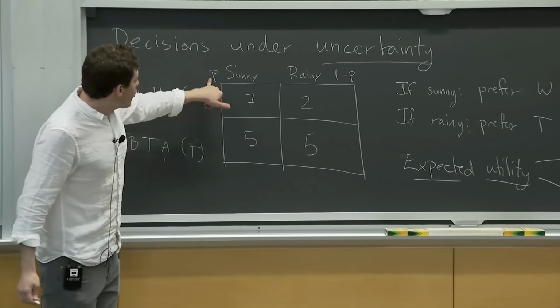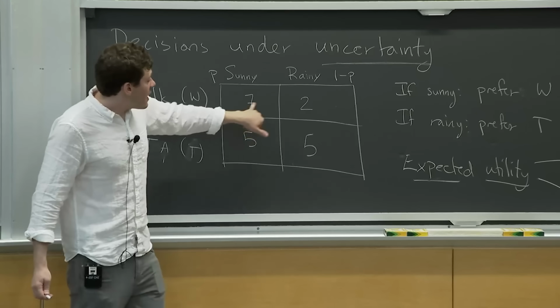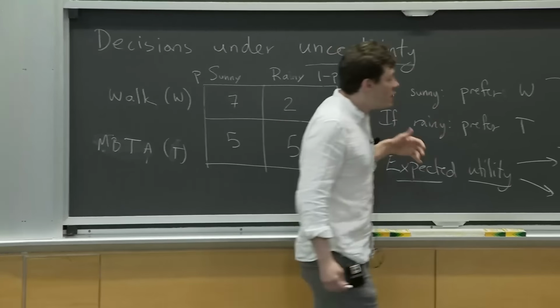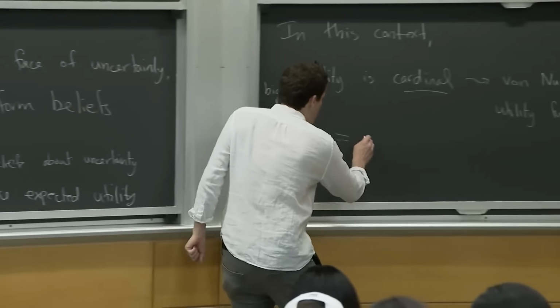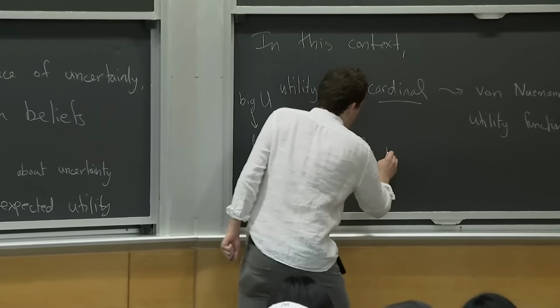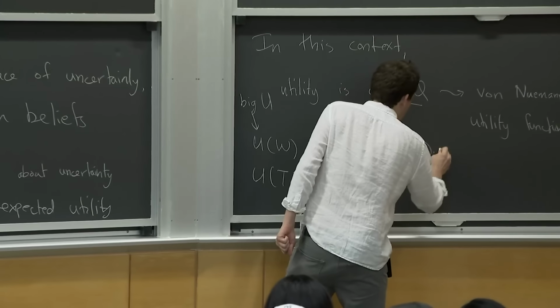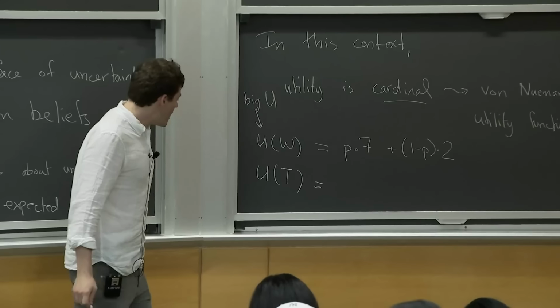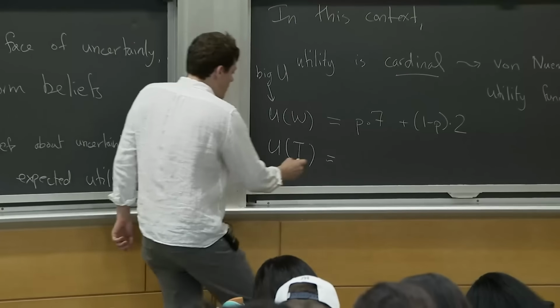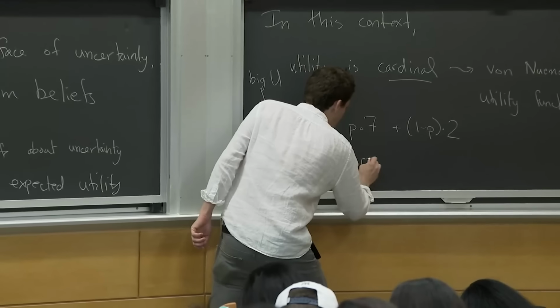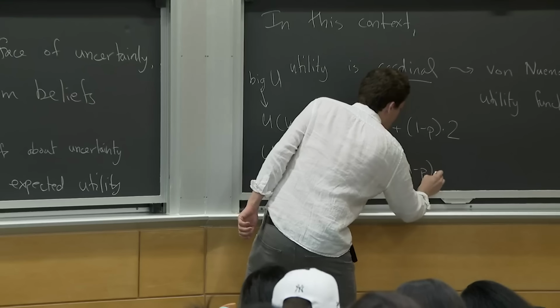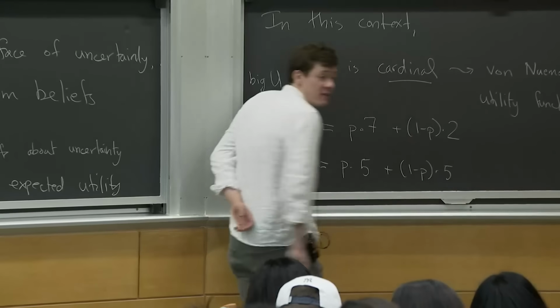So if I walk, well, with probability p, I get 7. And with probability 1 minus p, I get 2. So my expected utility is p times 7 plus 1 minus p times 2. And if I take the T, well, it's p times 5 plus 1 minus p times 5.